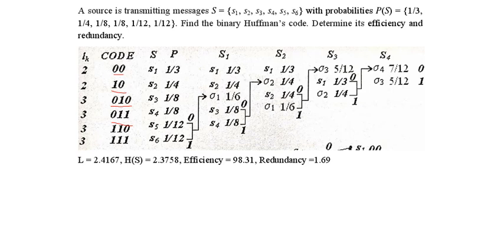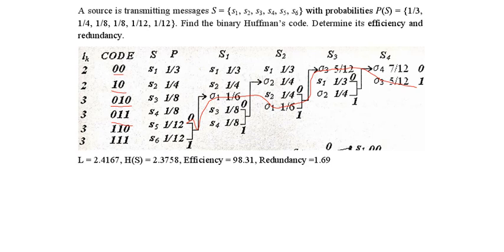And for S5, S5 is starting from here, going here 1/6, 5/12, 1. So 1 1 0.